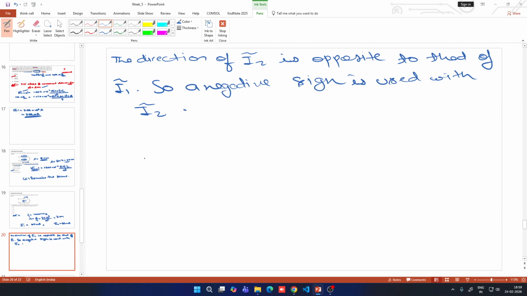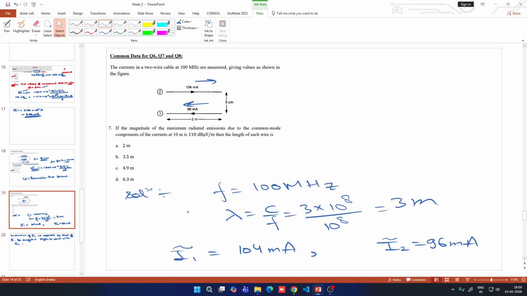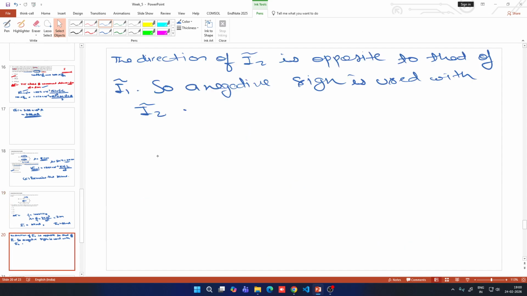I am taking I2 as minus 96 milliamperes just because the direction is opposite to that of I1.